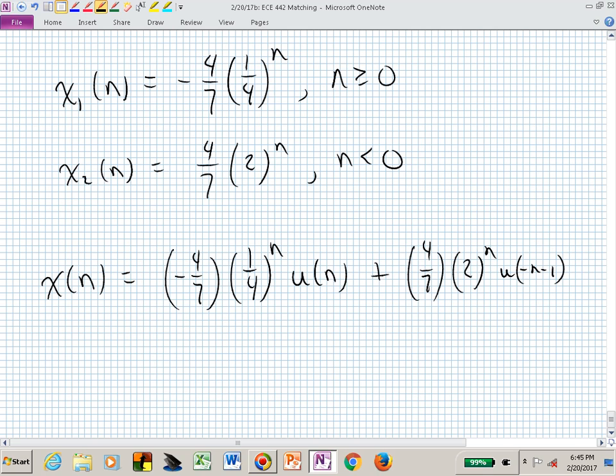So what I am suggesting that you do is look when this argument, minus n minus 1, is equal to 0, which is for n equal to minus 1. And when is this guy going to be turned on?